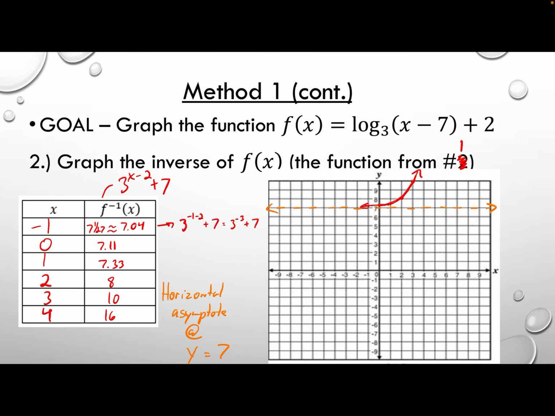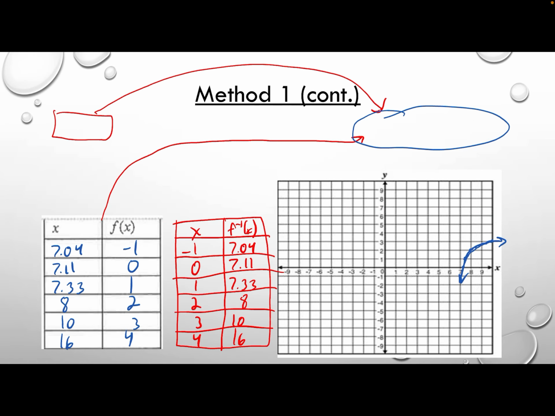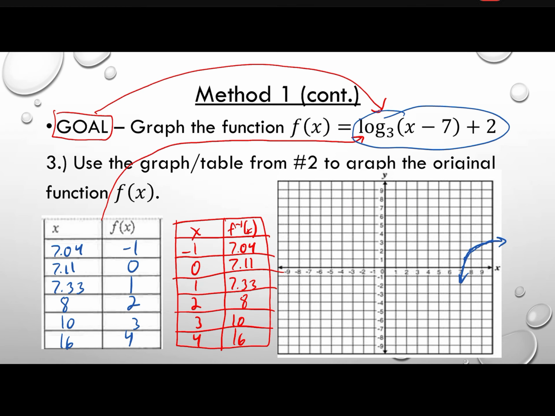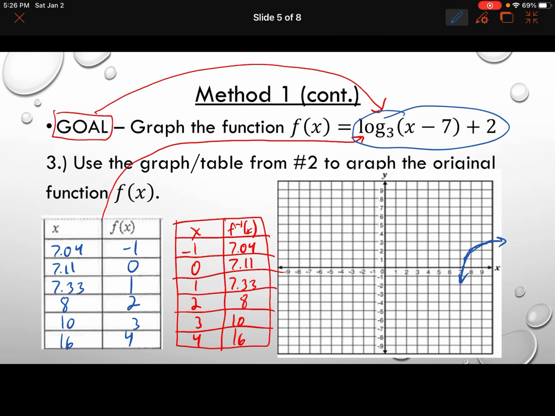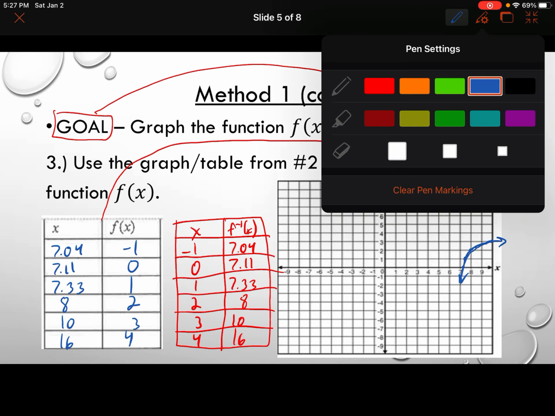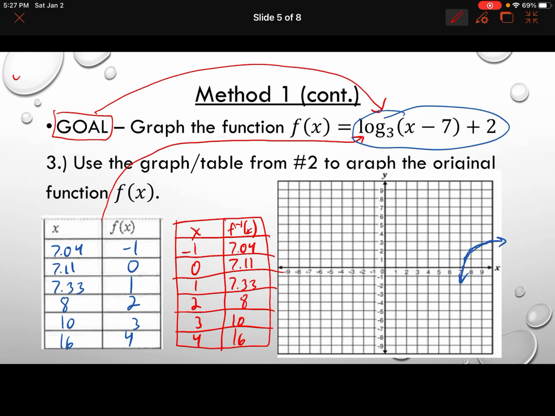Well, what happens if we take y equals 7 and we just switch it? Originally for the inverse it was y equals 7, but what happens if you switch the x and y? It becomes x equals 7, right?